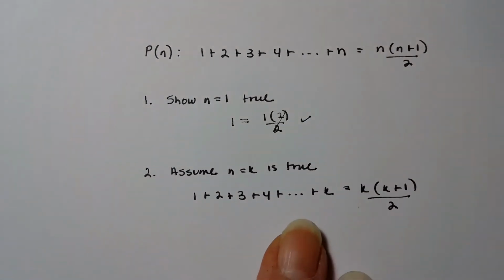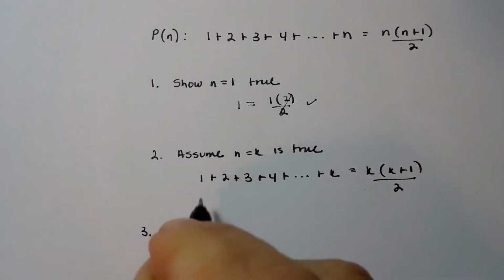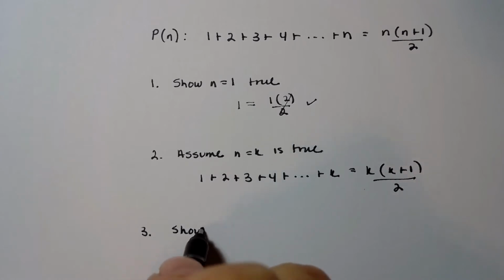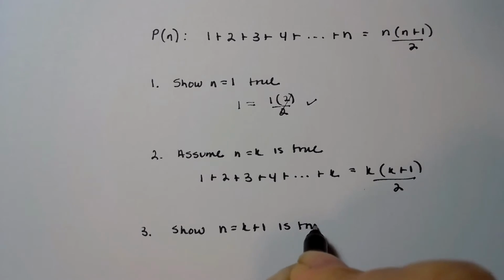Now this is important because in the next step, the inductive hypothesis, I need to show that this is going to be true for the k plus 1 term, and I'm going to use this assumption in the next step. So step 3, I need to show that n is equal to k plus 1 is true.